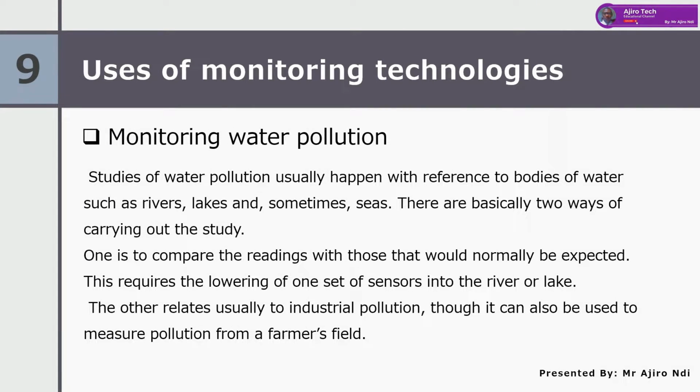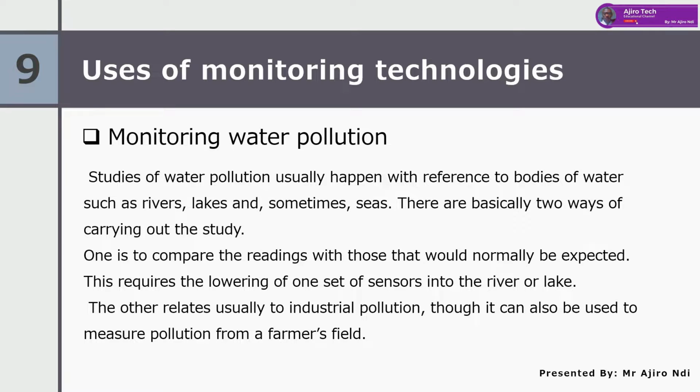Monitoring water pollution. Studies of water pollution usually happen with reference to bodies of water such as rivers, lakes, and sometimes seas. There are basically two ways of carrying out the study.